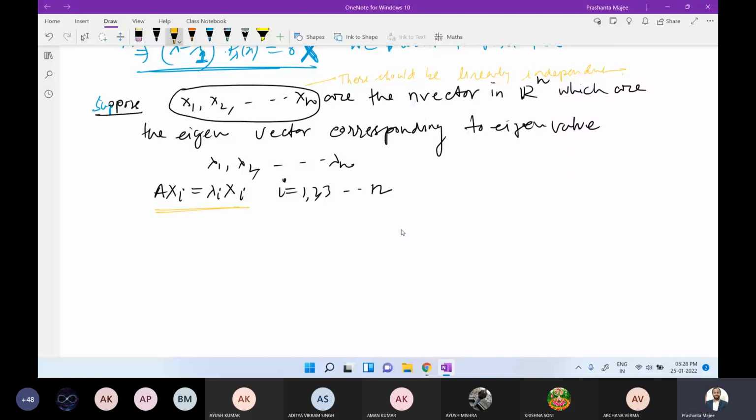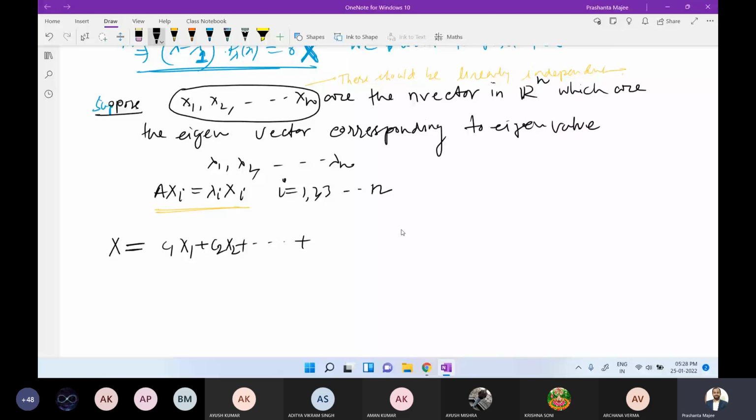So if you take any initial vector x, since x1, x2 up to xn are linearly independent and dimension of Rn is n, these vectors form a basis of Rn. So any vector x can be written as a linear combination of the basis elements. So x can be written as c1 x1 plus c2 x2 up to cn xn.